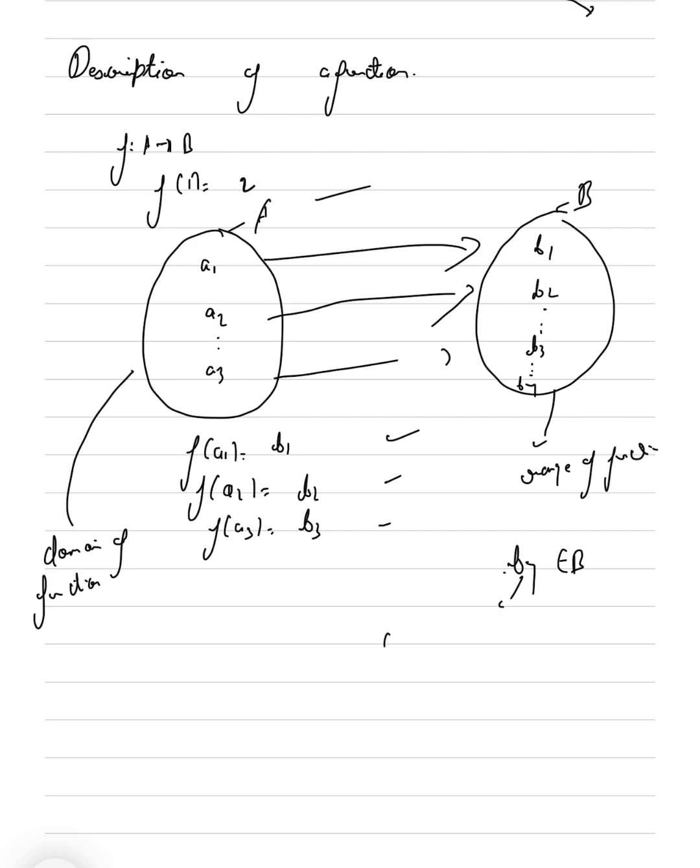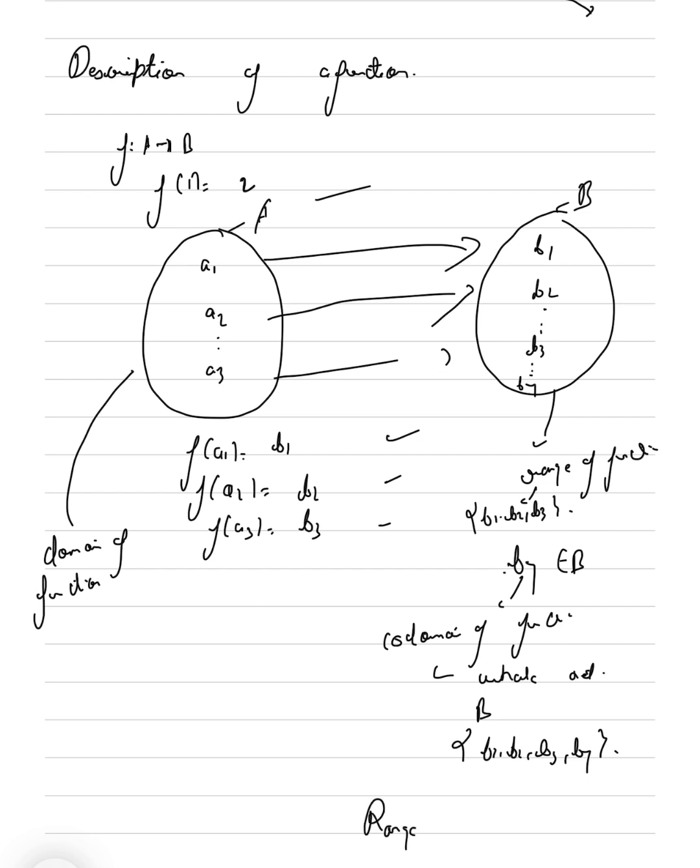So if I ask what is the codomain of the function, it is the whole set B. But the range has only b1, b2, b3, whereas the codomain is the whole set: b1, b2, b3, b4. So I think I made my point clear. You can clearly see that the range of f is a subset of the codomain B.